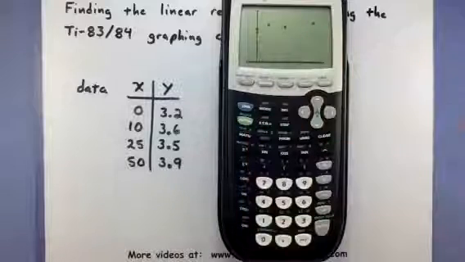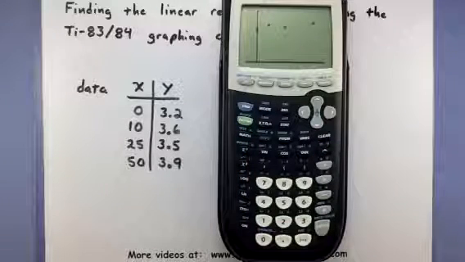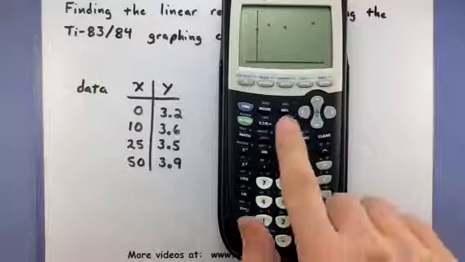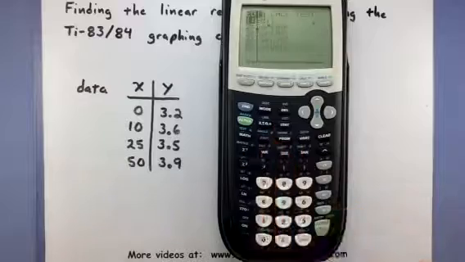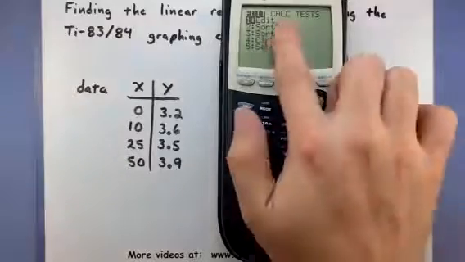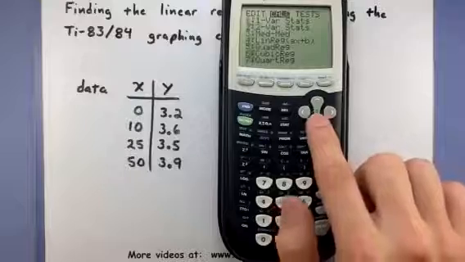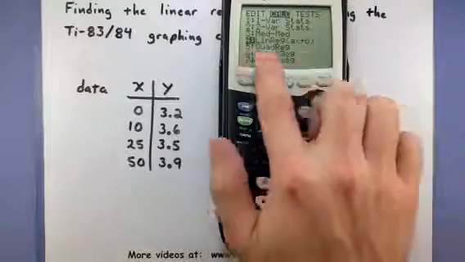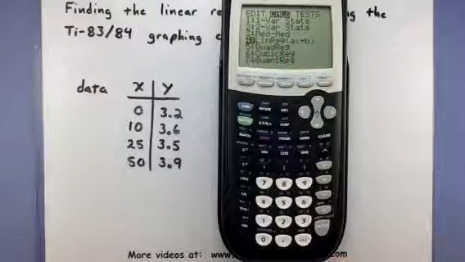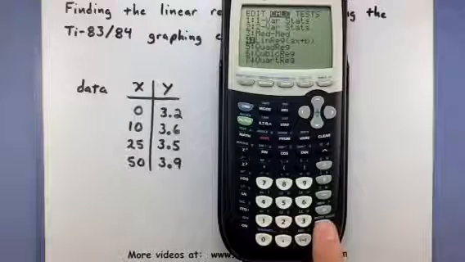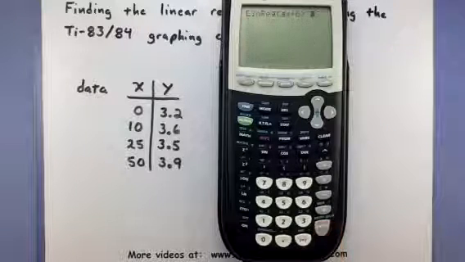Alright, perfect. Now, basically I want to form a best fit line through these data points. In order to do that, let's go to our Stat option one more time. But this time let's arrow over until we have Calc selected. So here's where we can do all kinds of things with this data. I'm going to select number 4 for the linear regression line. So have that selected and press Enter.